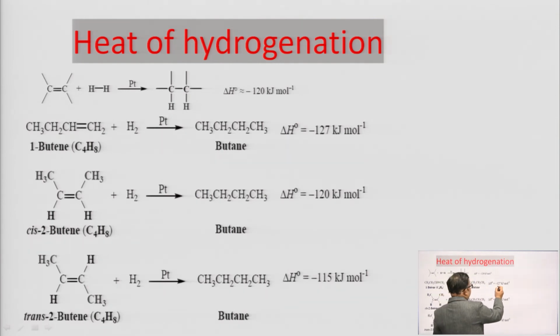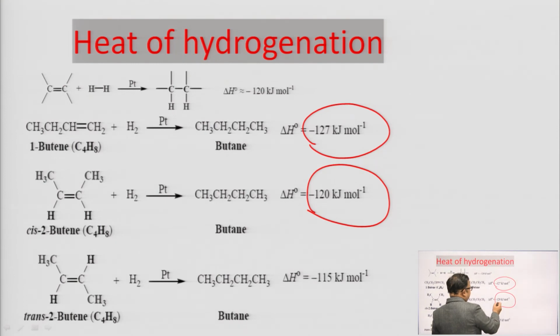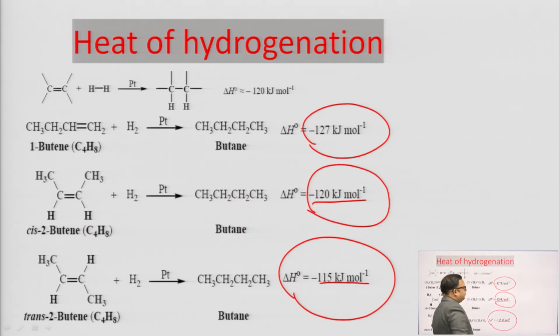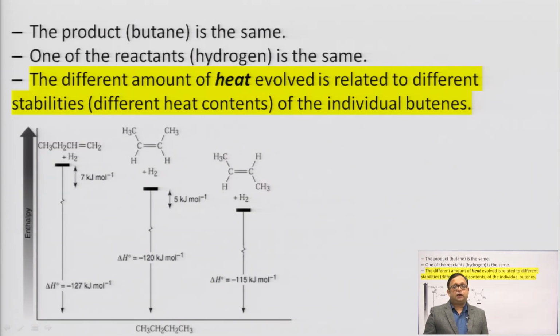1 butene is releasing an energy of minus 127 kilojoule per mole, cis 2 butene is releasing minus 120 kilojoule per mole, and trans 2 butene is releasing minus 115 kilojoule per mole. Therefore, trans 2 butene is more stable, and stability is reflected in the enthalpy or energy.